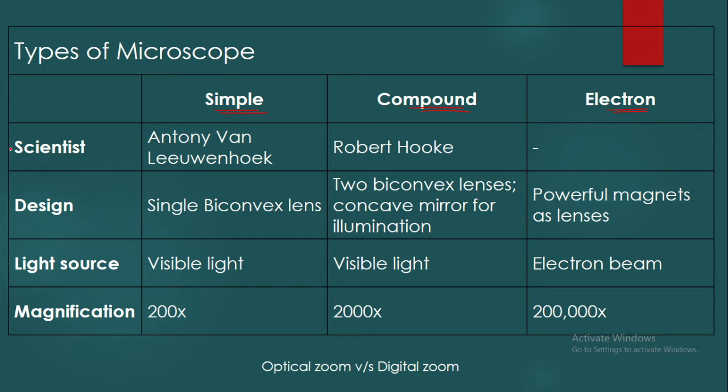So this will summarize. The magnification from a simple microscope is maximum 200x. In a compound microscope, 2000 times you can magnify it, and in an electron microscope, almost 1 million times you can magnify it.